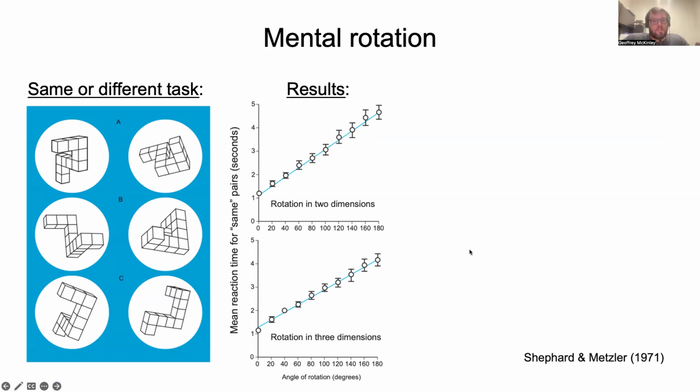Which strongly suggests that participants were mentally rotating one of the images to match the other image, which took as much time as would be needed to actually rotate the image physically. So when the required amount of rotation was larger, the mental rotation decision took longer.